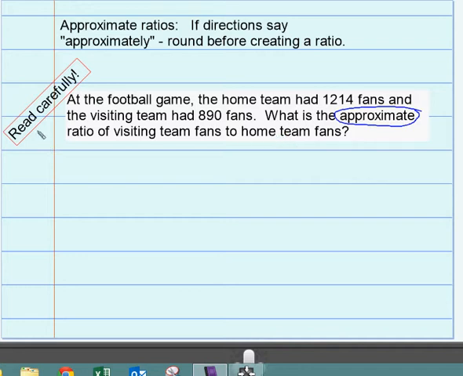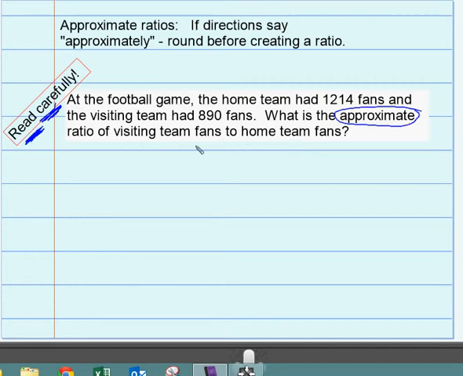Now I have a little note over here that says read carefully, and that is not just so you see the word approximate, but notice that the problem is given to us home team first and then visiting team second, but the question says what is the ratio of visiting team to home team fans?